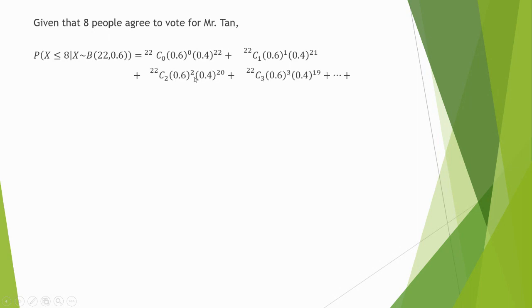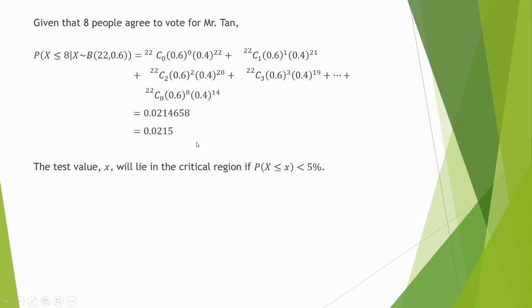The probability of 8 people agreeing to vote for Mr. Tan is 0.0215.